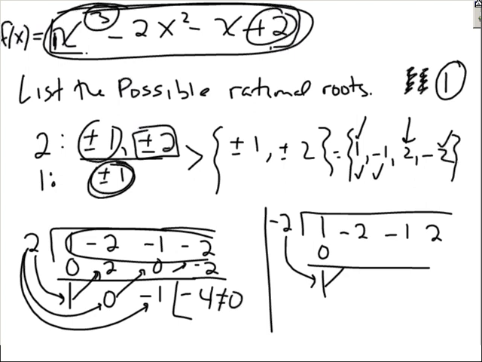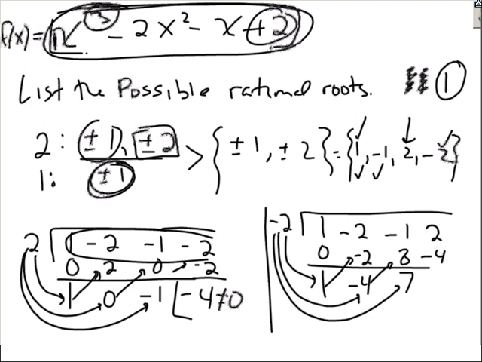You multiply, the answer goes there. You add, you multiply, the answer goes there. You add, and when you multiply, the answer goes there. And then you add, you get negative 12, which is not 0.